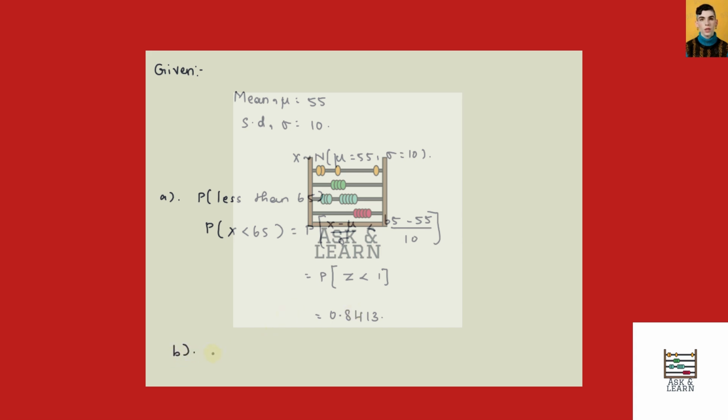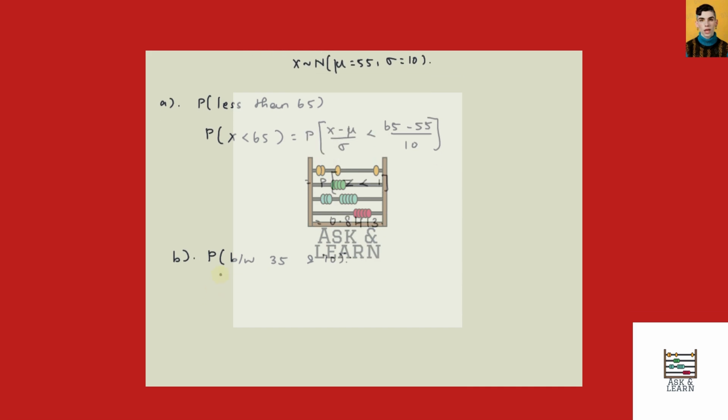Then for subpart B, here we need to find the proportion of scores between 35 and 70. So here we need to find the probability of 35 less than x less than 70, which is equal to the probability of (35 minus 55) divided by 10 less than (x minus mu) by sigma less than (70 minus 55) divided by 10.